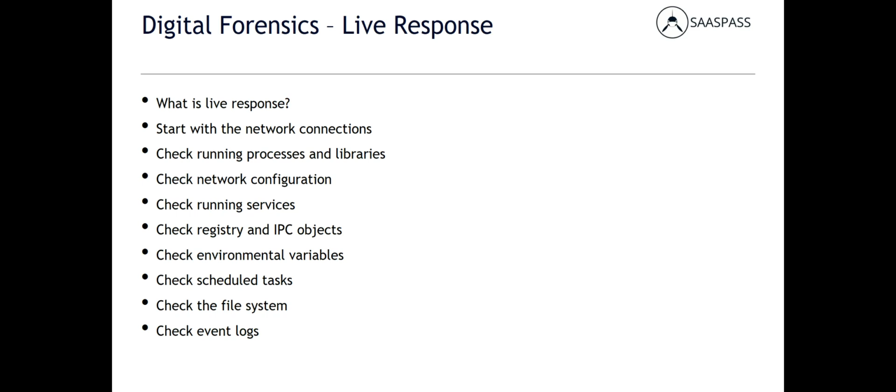How can you check the network connections? For example, you can use the IP command line utility in a Linux box, or you can use net view, net session, net use commands in a Windows box. So you try to understand what connections are made to your computer.